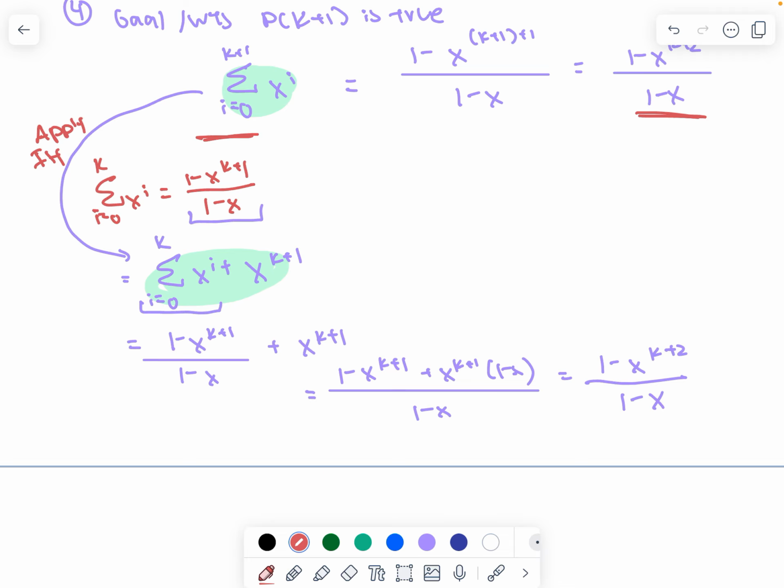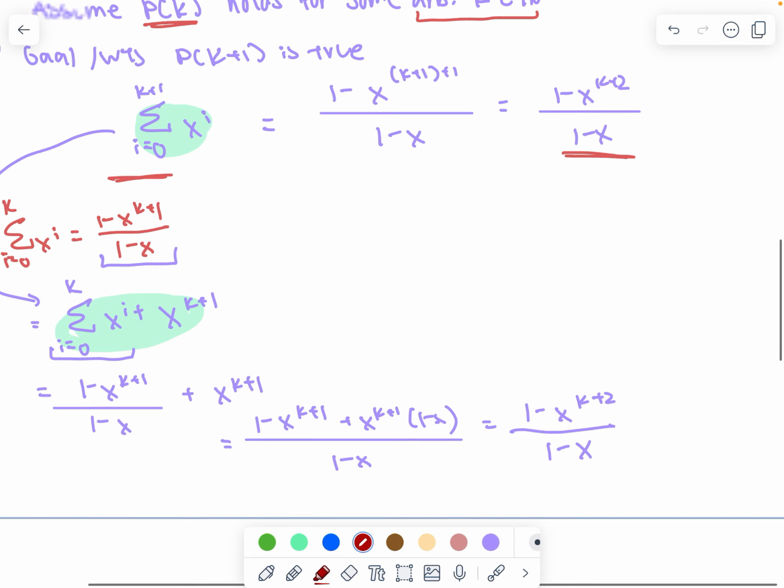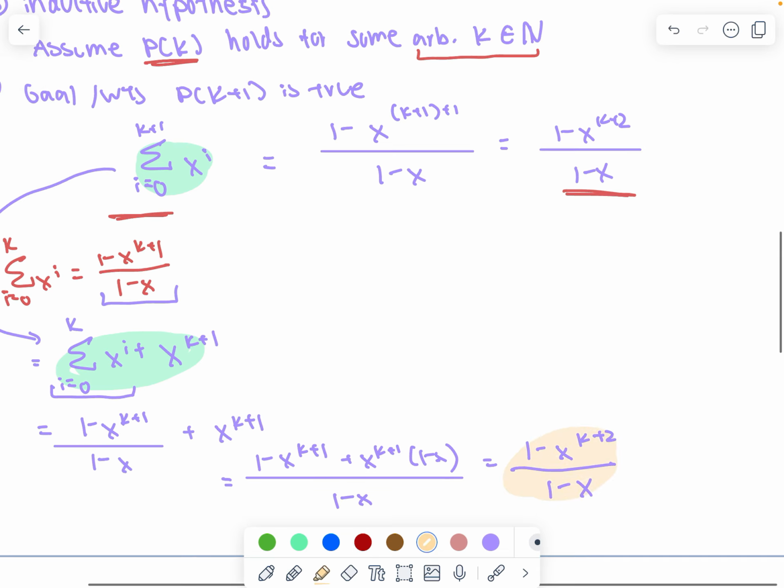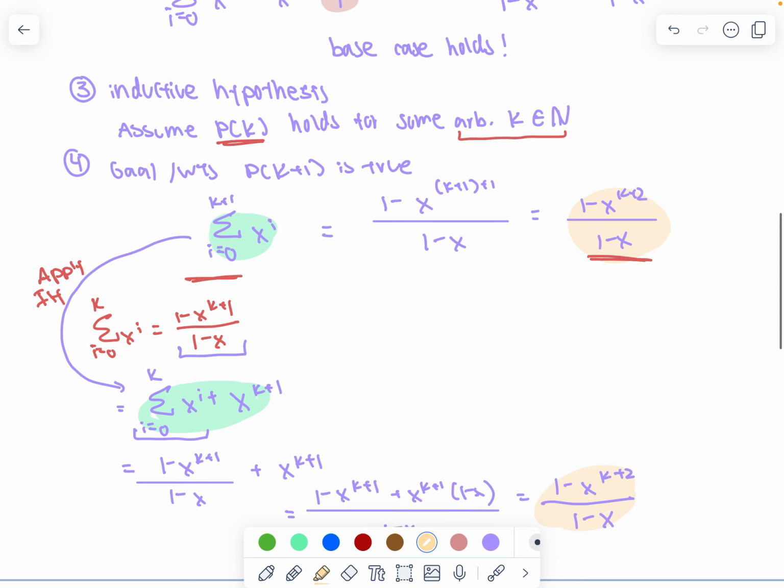We did some algebraic manipulation, and we ended up with 1 minus x to the k plus 2 over 1 minus x. And we can see that this is exactly what the right-hand side of this geometric series formula is.